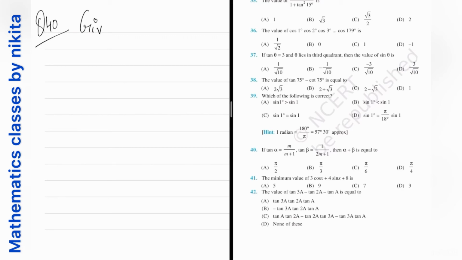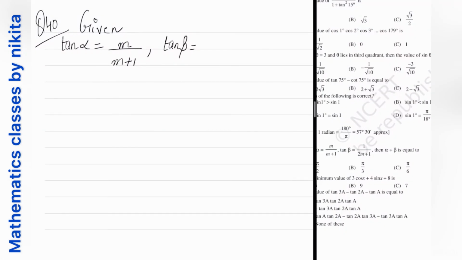It is given that tan of alpha is equal to m over m plus 1 and tan of beta is equal to 1 over 2m plus 1. Now first of all, you know that what is the formula of tan of alpha plus beta.